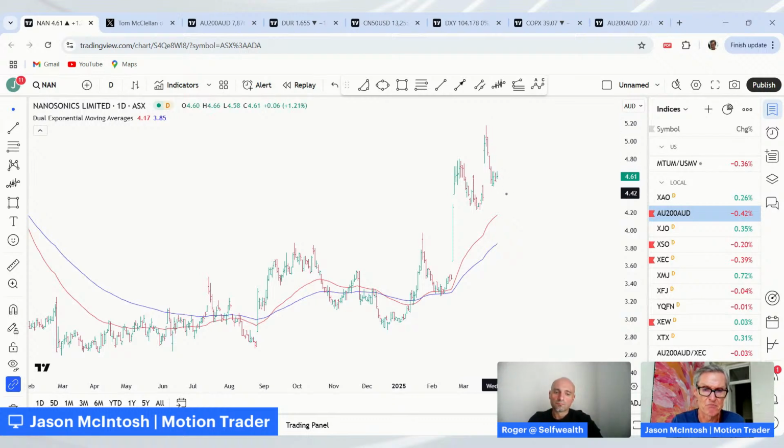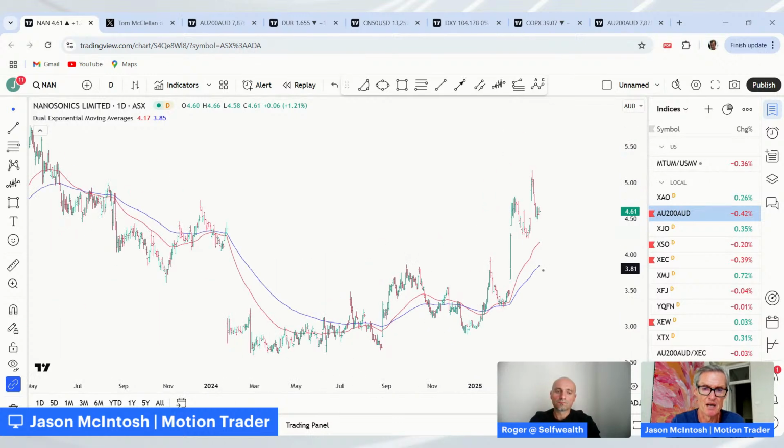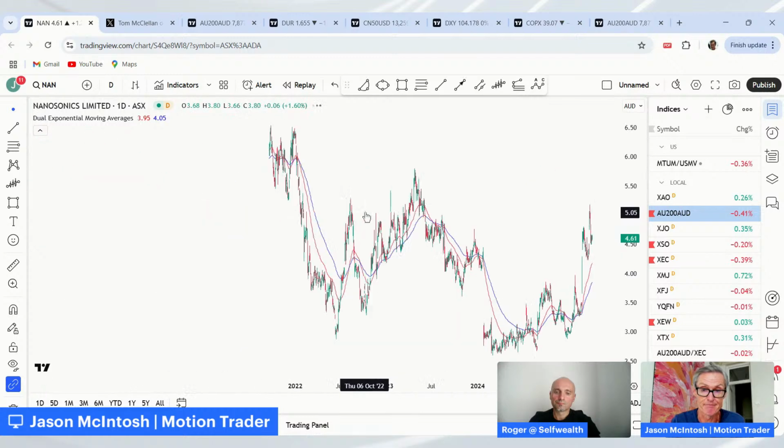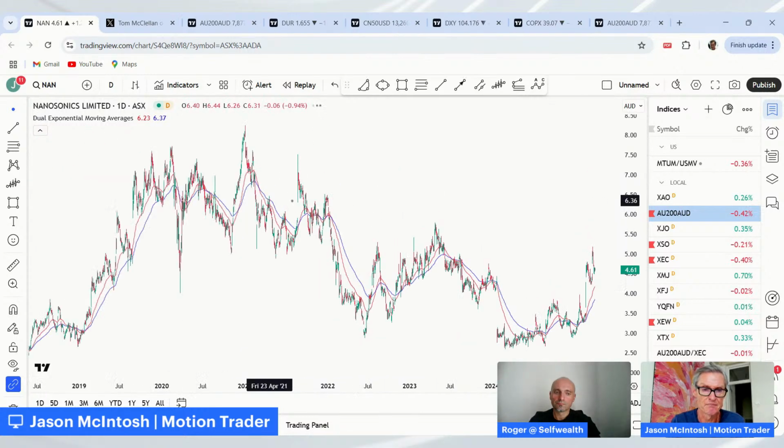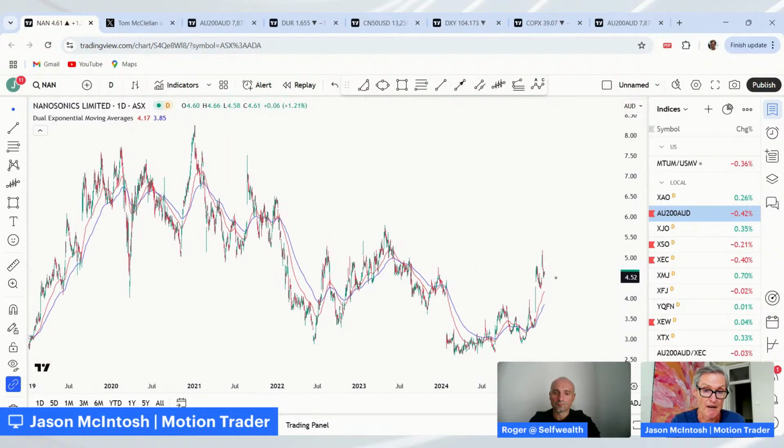So maybe there's some more consolidation to come. But if I was on it, this could be the start of a recovery phase. Maybe there's a consolidation before another leg higher later in the year.